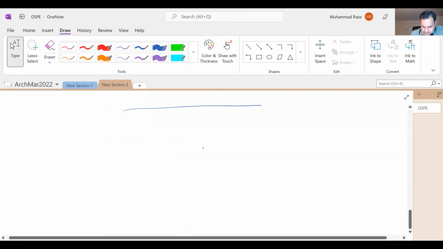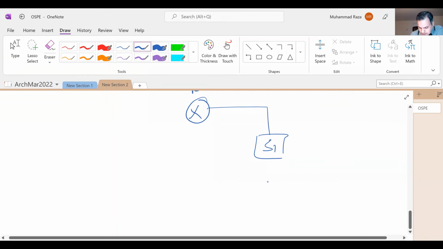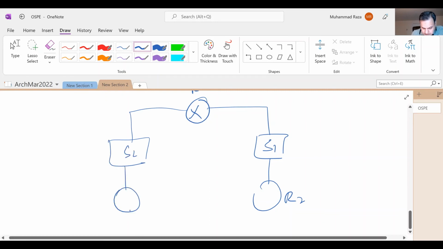Let's say I have router R1, I have switch one, and router R3.